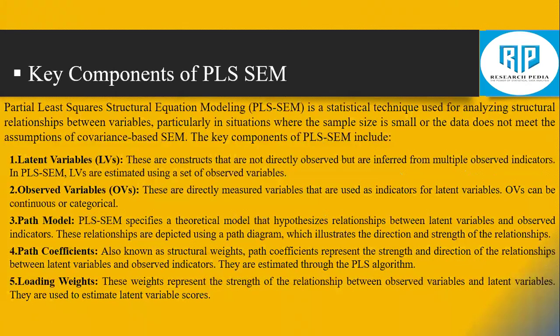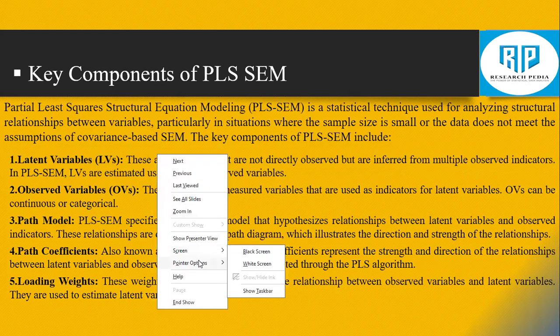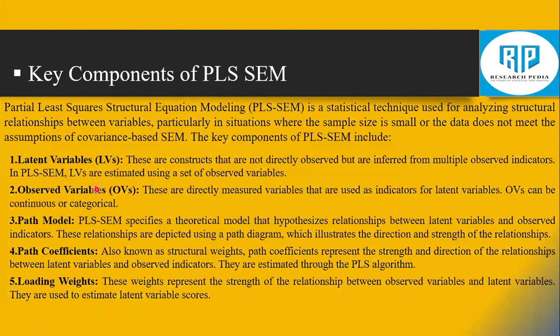These are some of the components of PLS-SEM that you need to understand before applying anything with the PLS-SEM technique. The first thing is the latent variable. Latent variable means your main variable that you want to measure using structural equation modeling, while the observed variables are basically the statements or the indicators that are directly measured using the statements or using the Likert scales.